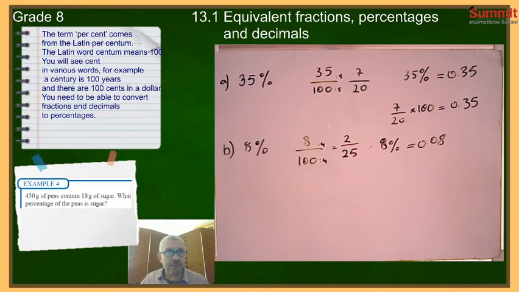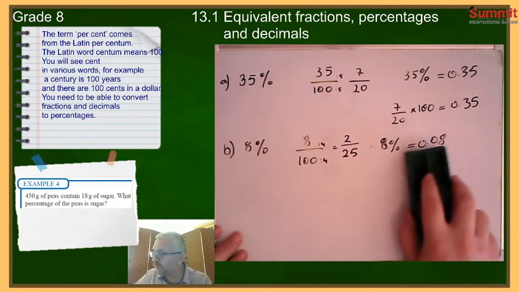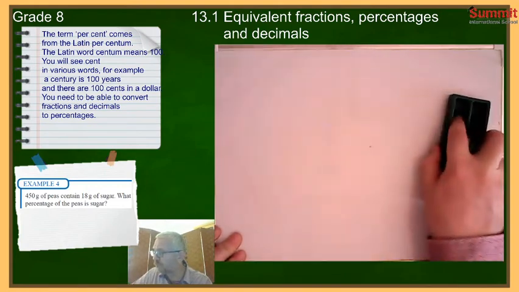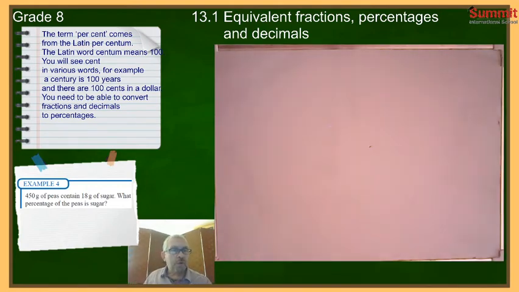The next example is this one. 450 grams of peas contain 18 grams of sugar. What percentage of the peas is sugar? Now let's write it as a fraction.